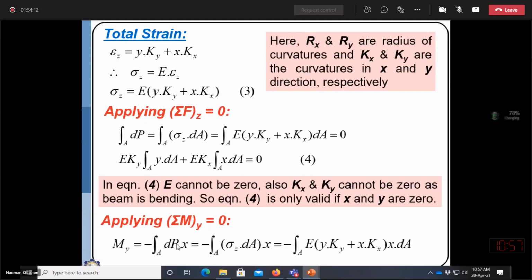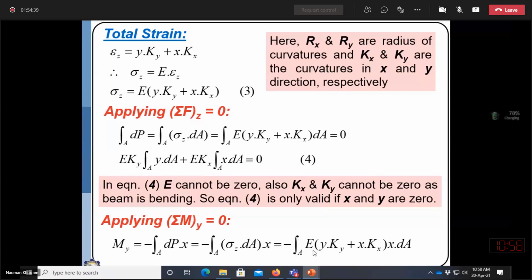So if we substitute the dp value from here, dp is the same, sigma z into dA, so the entire expression will be the same. The only difference is that we are having another x value along with it, and the rest of the expressions are the same.